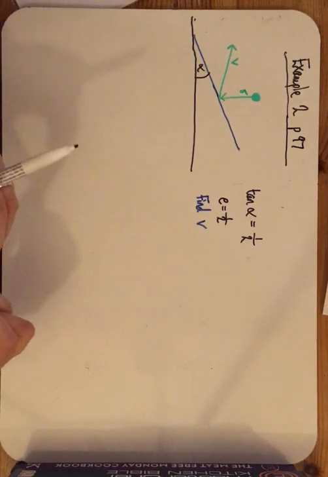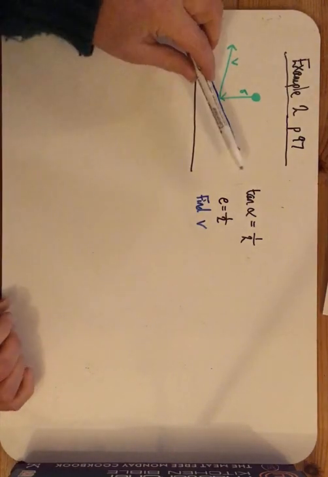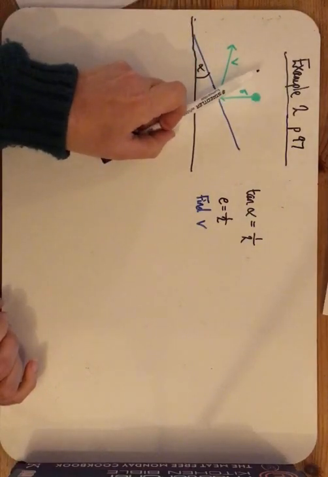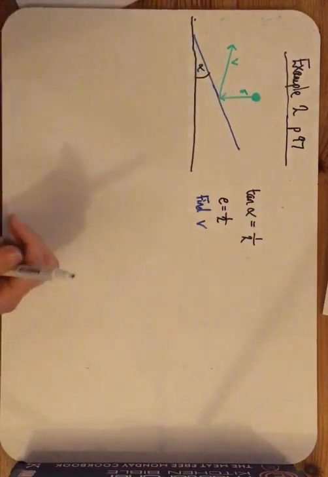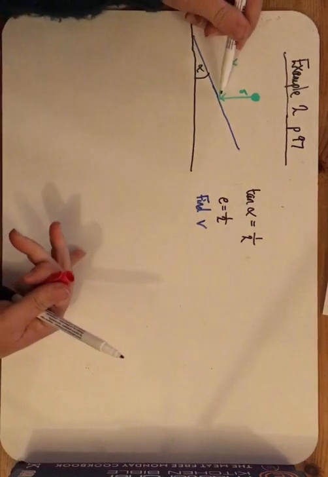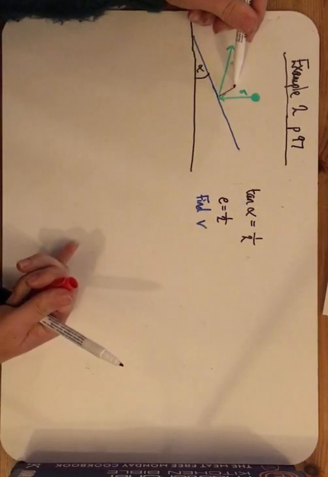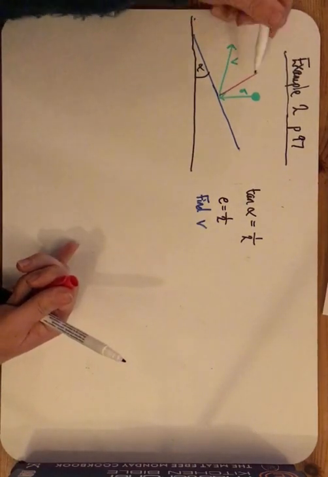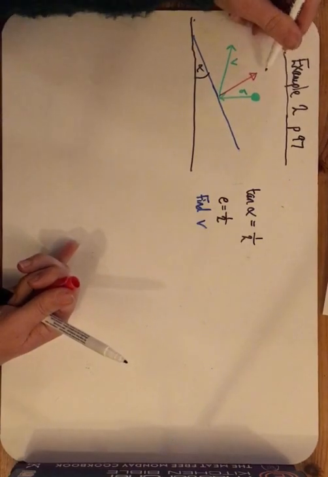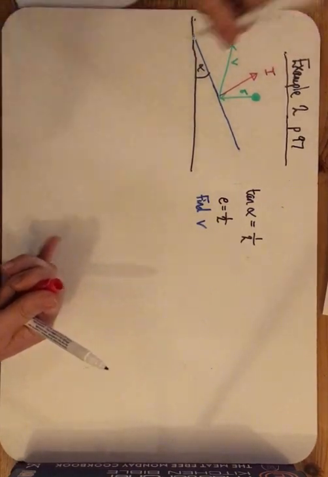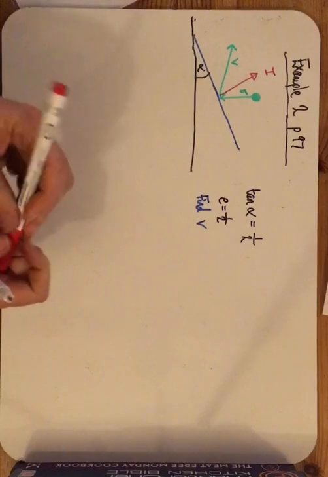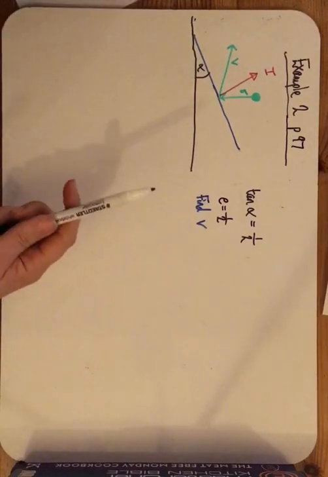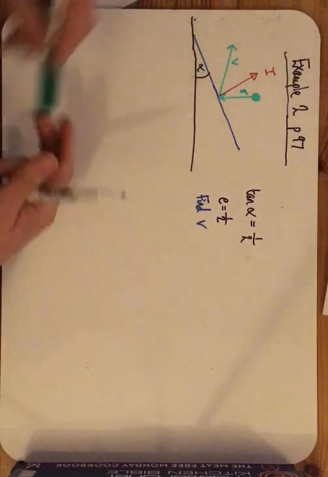We need to really think about resolving parallel and perpendicular to this slope, because we're assuming that there's no friction, and so the impulse is working in that direction perpendicular to the slope.